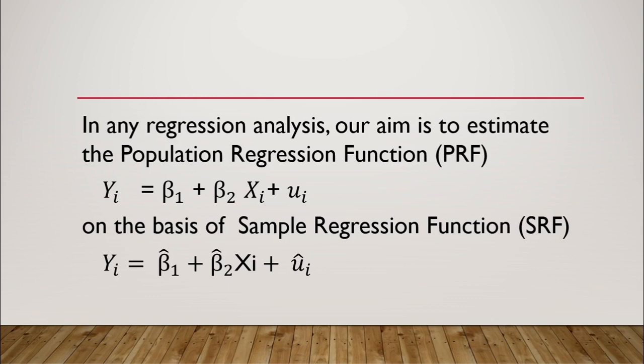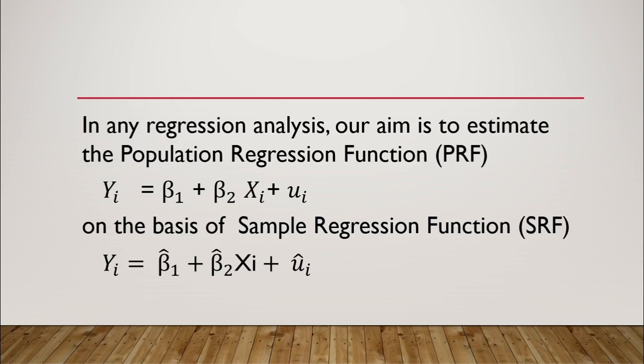In any regression analysis, our aim is to estimate the population regression function, yi is equal to beta 1 plus beta 2 xi plus ui, on the basis of information provided by the sample. That is, on the basis of the sample regression function, yi is equal to beta 1 hat plus beta 2 hat xi plus ui hat. As I have already mentioned, our ultimate aim is to estimate the population regression function. We want to find out the values of the true population parameters beta 1 and beta 2.